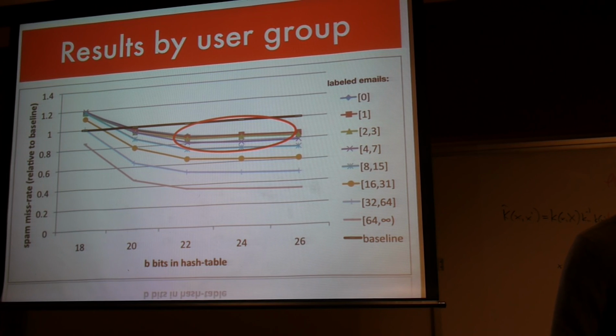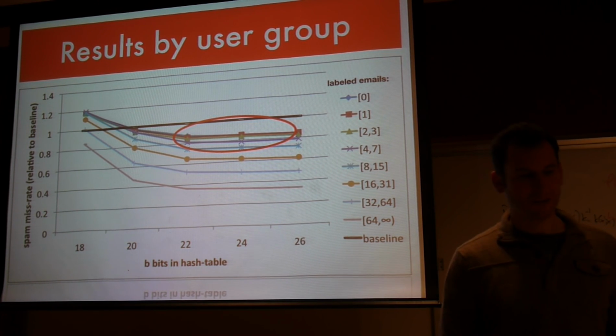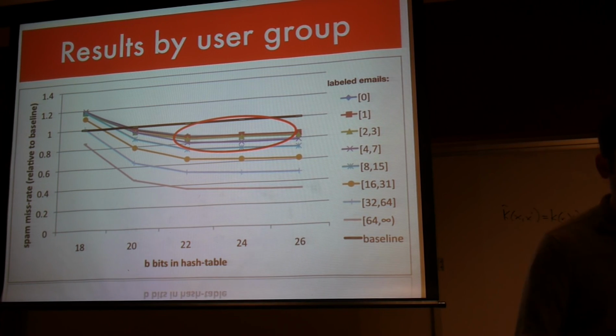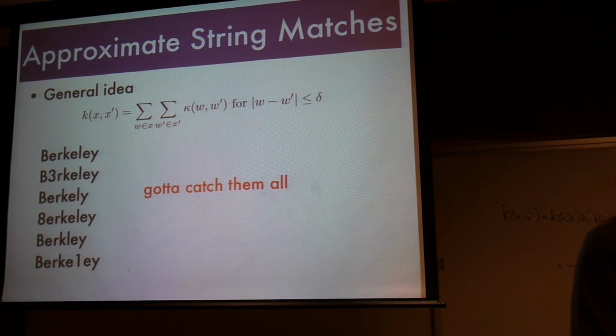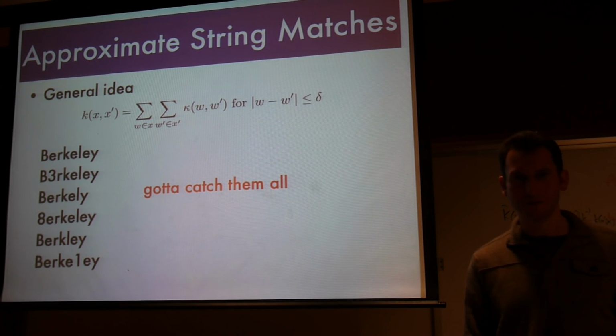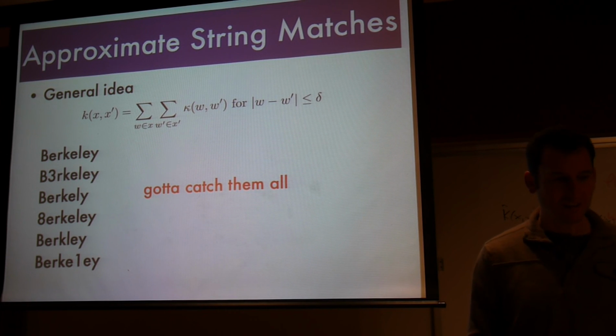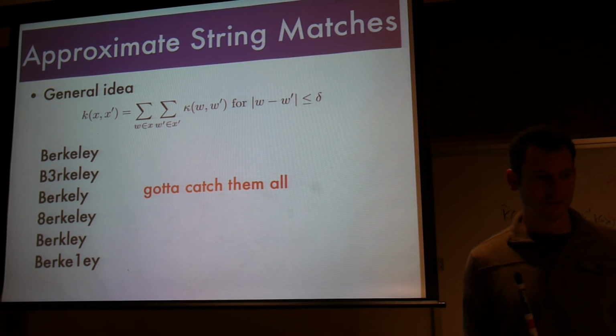So, any questions at the moment? Okay, good. So, you can actually use hashing for a lot of other things. So let's say I want to do string comparison, and spammers are a crafty bunch, and they will change words.